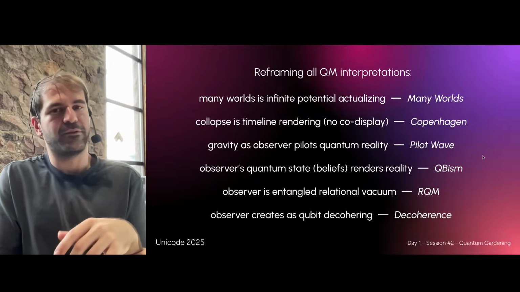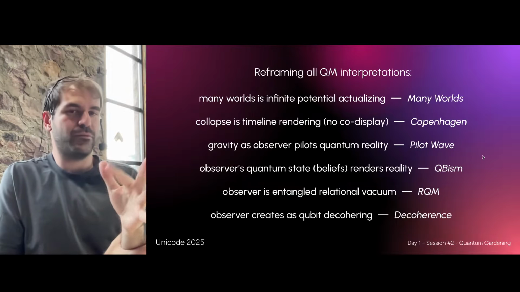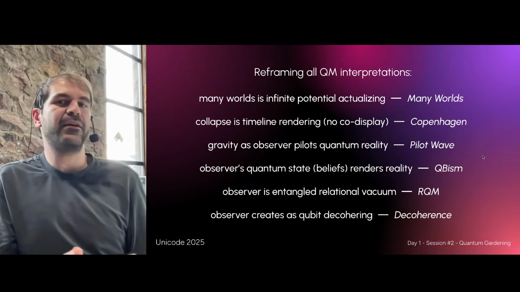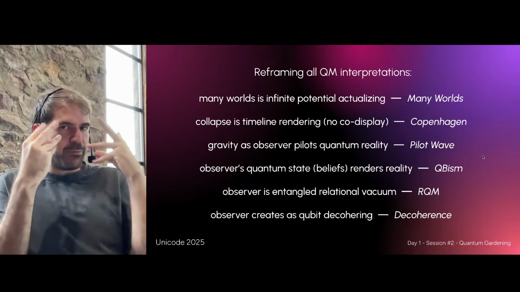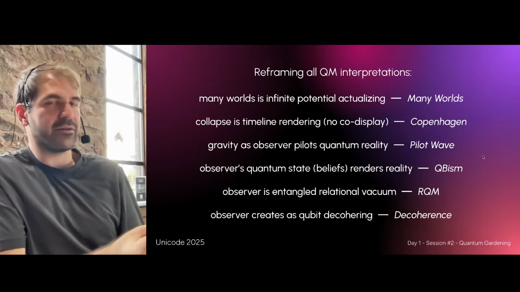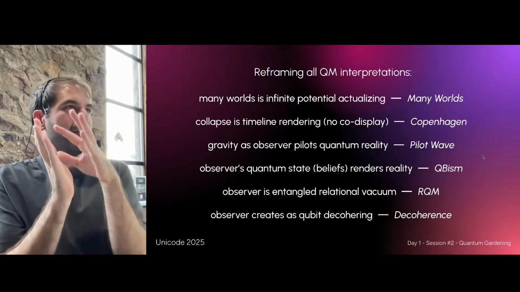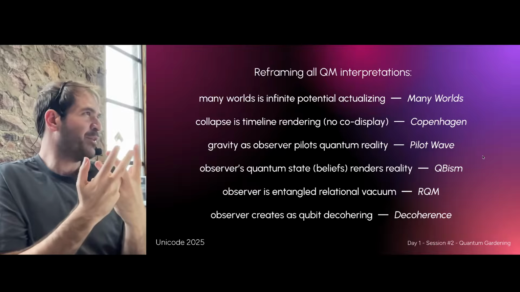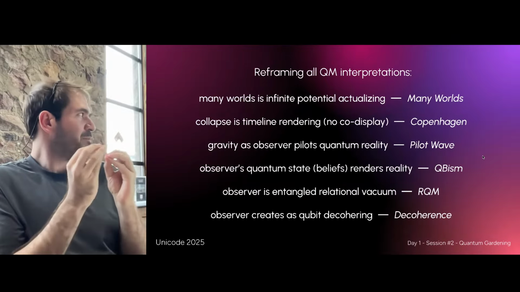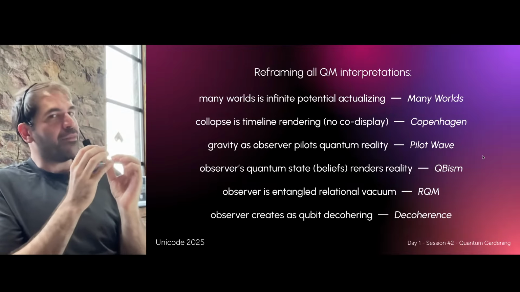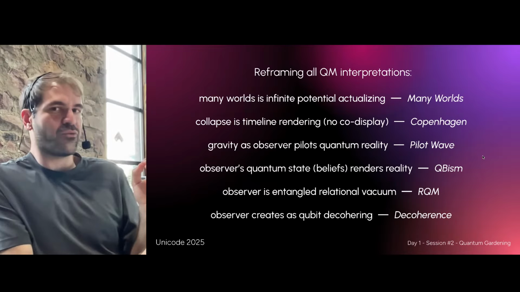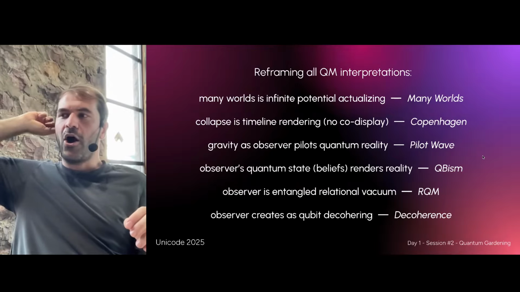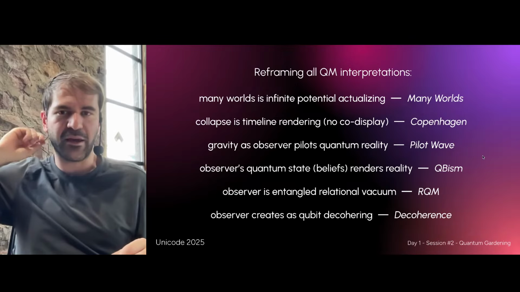An exploration. And now QBism, so that's quantum Bayesianism. So that's that the observer's quantum state, its very beliefs, are rendering its reality. So that array of diodes that are lit up in the conscious manifold, in the Unicode, that's the quantum state of the observer. And that's the very thing that's rendering its reality. RQM is relational quantum mechanics.